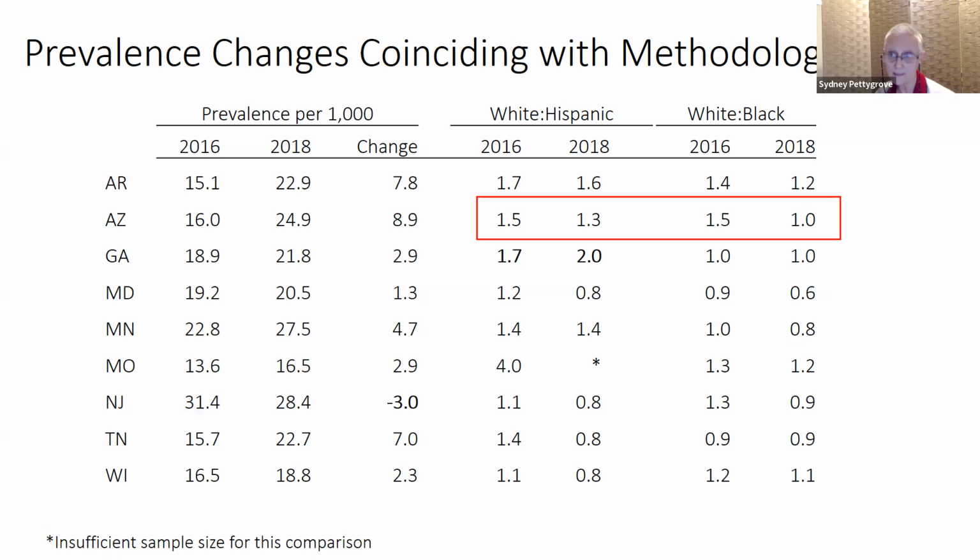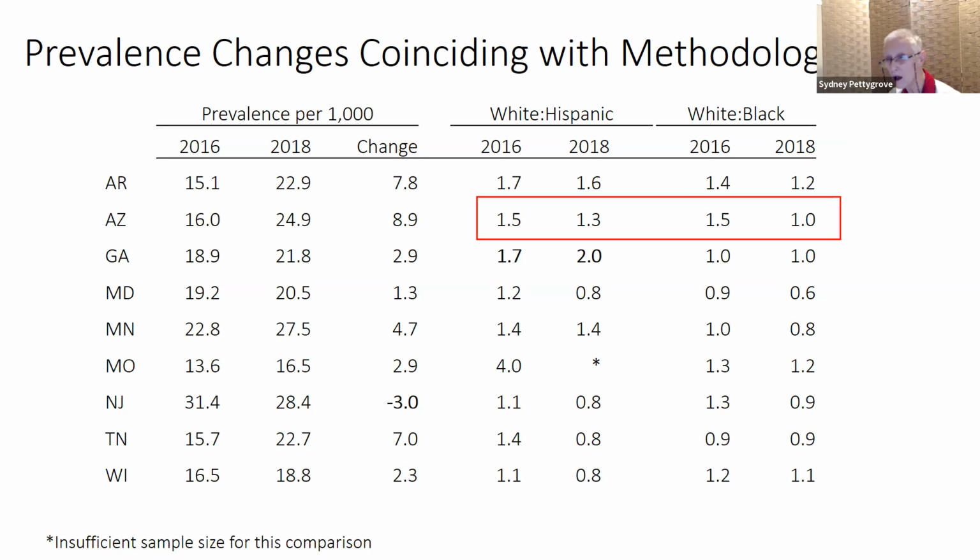In the 2000 study year, this was about 3.8 to 1. And while the prevalence in both of these communities has increased, the prevalence in the Hispanic community has increased faster. And so that gap has been narrowing. And we see it's continuing to narrow here, even despite the shift in methodology.